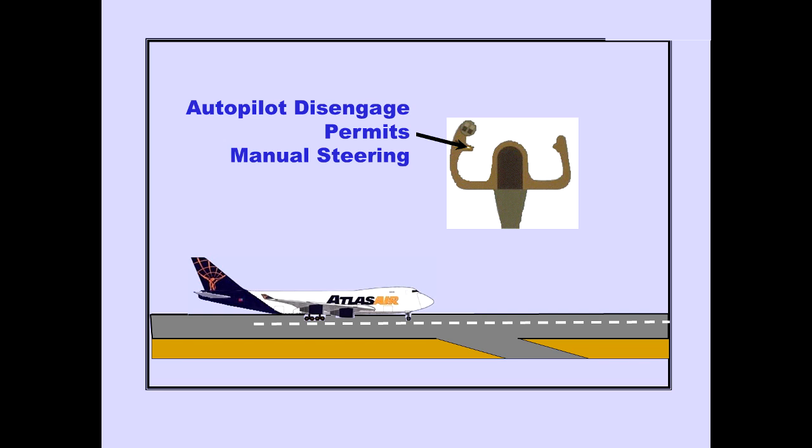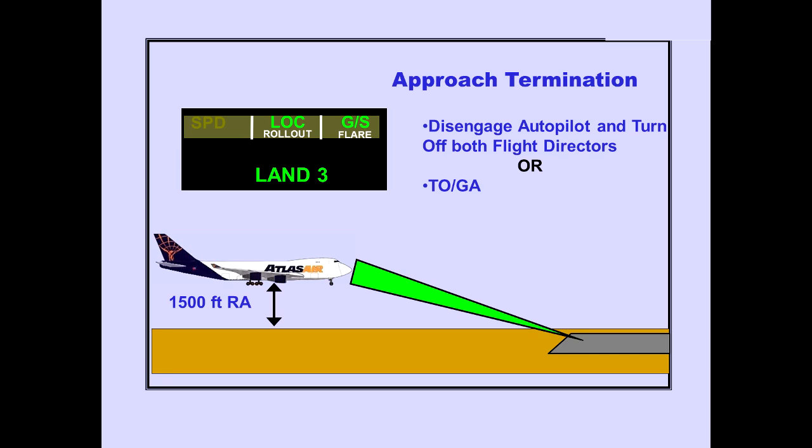After landing, disengaging the autopilot deactivates the rollout mode and permits manual nose wheel steering for taxi operation. After the localizer and glide slope have been captured, the approach can only be terminated by disengaging the autopilots and turning off both flight directors or engaging the toga mode.